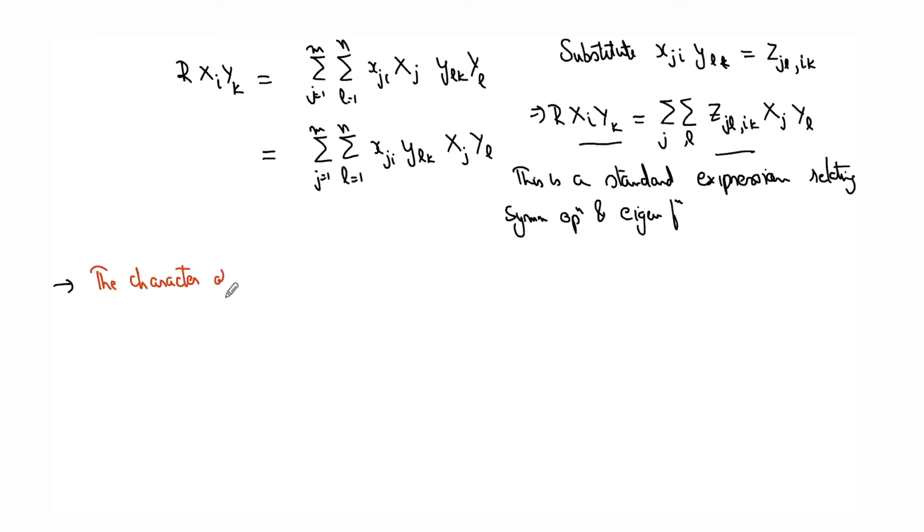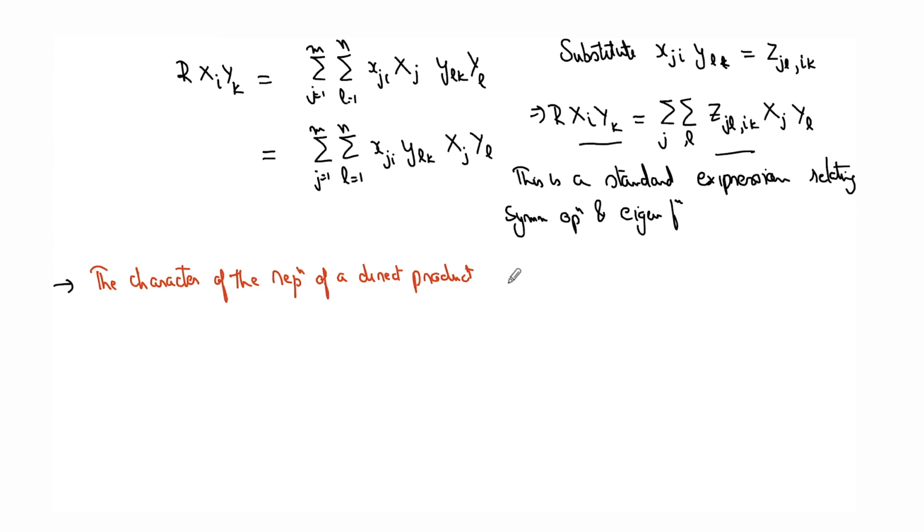Now we can deduce that the character of the representation of a direct product, so now from the direct product we get a separate representation, right? And that representation has some character, so we are talking about the character of that representation.